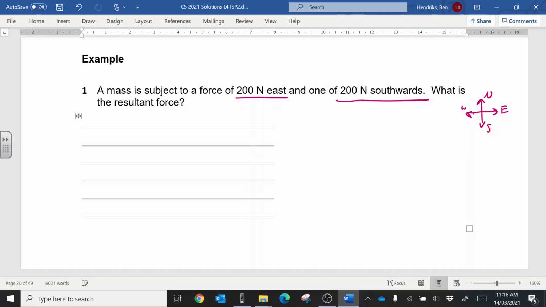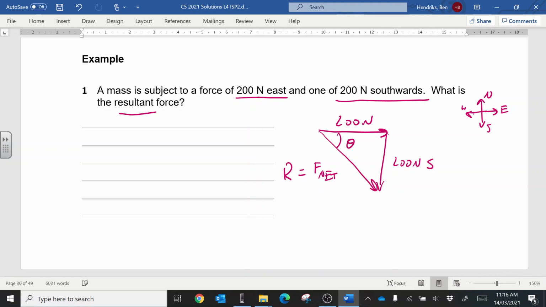The first one we have is 200 newtons east, and then we have another one, 200 newtons south. And then overall, this force here is our F net, or the resultant force. Sometimes we've labelled it as R. So R equals F net in this case.